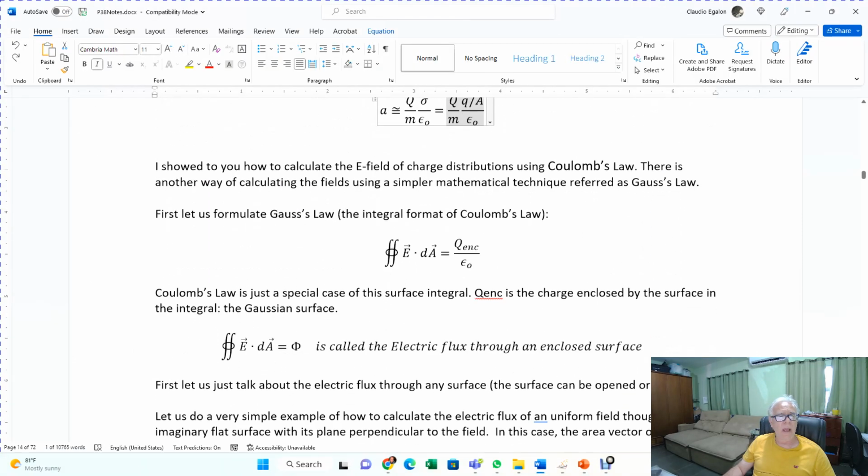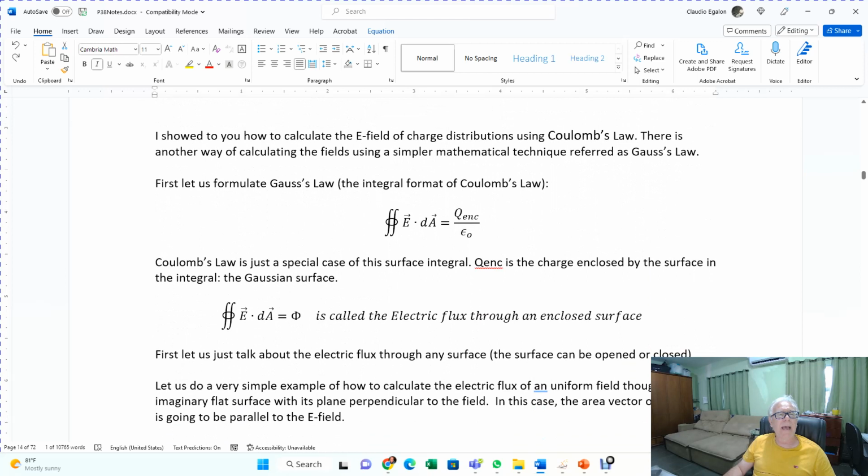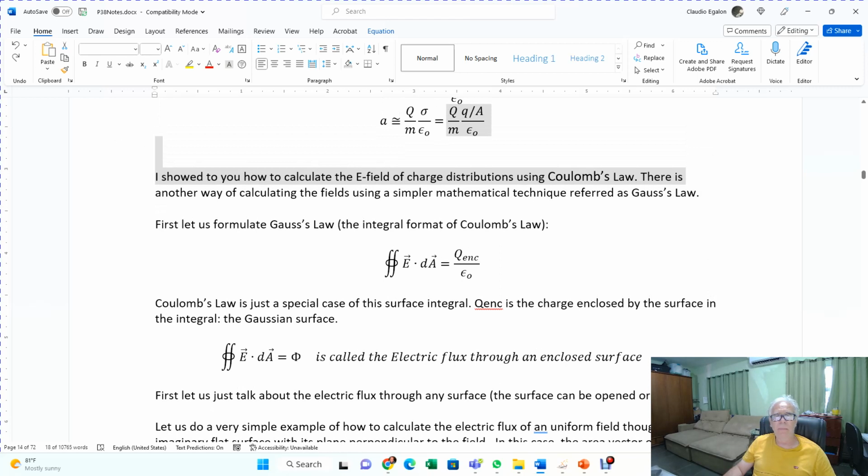Well, Gauss's law is nothing more than a different way to solve for the electric field in a rather easy fashion. Okay? So far I have shown you how to calculate the electric field using Coulomb's law. But there is another technique to calculate the electric field that we call Gauss's law.